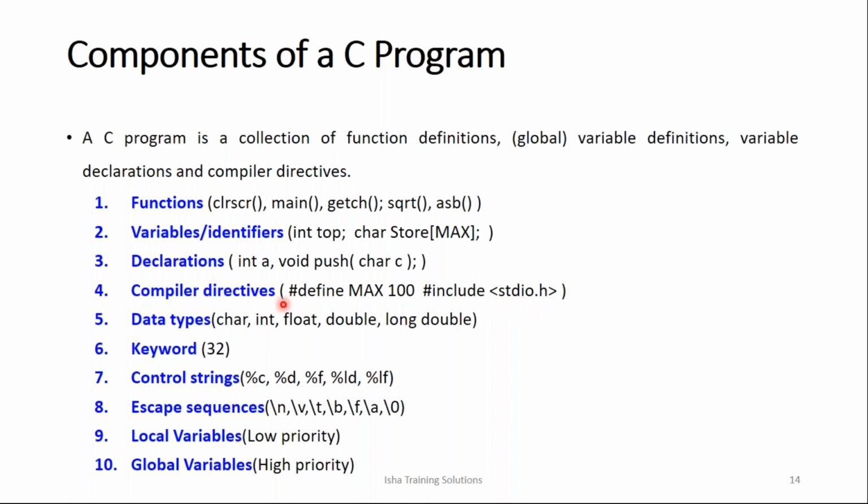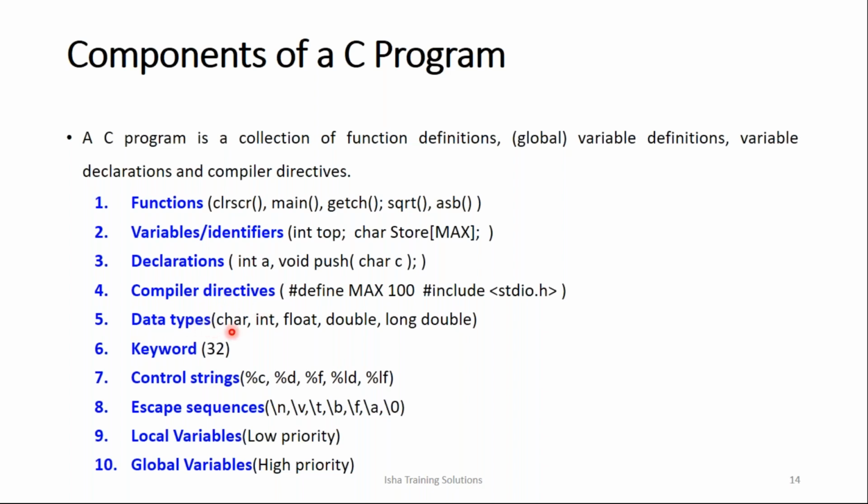When you write a program, the compiler searches for these header files. It is not going to search for the content in the program. It directly checks the particular directives or header files and their contents.